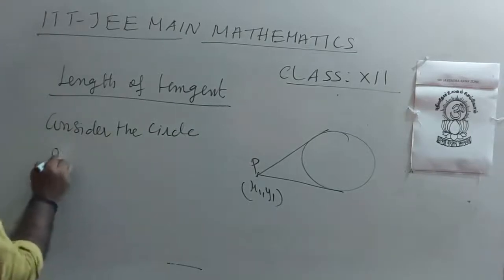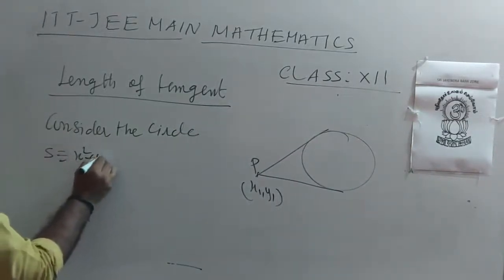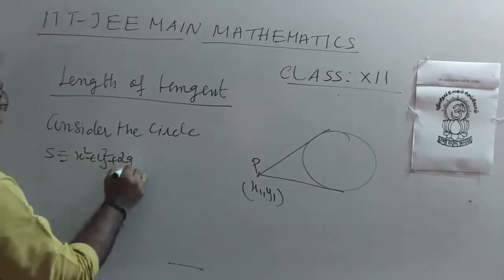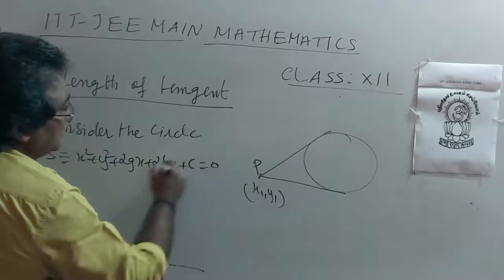Consider circle S: x square plus y square plus 2gx plus 2fy plus c equals 0.